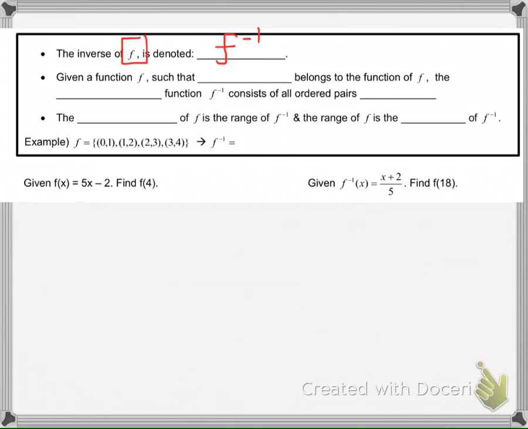Let's say we are given the function f, such that we had the ordered pair x comma y. So for example, just to give it numbers, let's pretend the ordered pair was 3, 4. So that ordered pair was an ordered pair for function f.